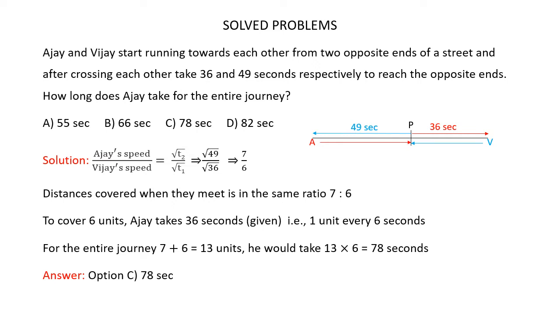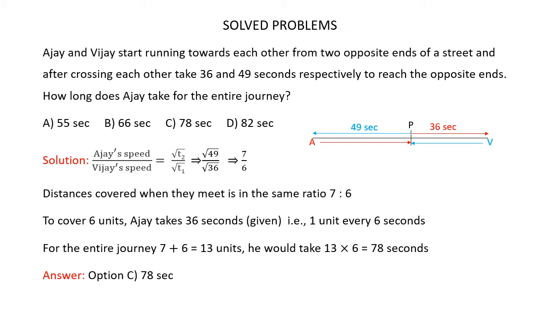Now let's draw a diagram to understand the problem clearly. Ajay and Vijay start running towards each other from two opposite ends of a street. So Ajay starts running from this end towards Vijay, and Vijay starts running from this end towards Ajay in this direction.